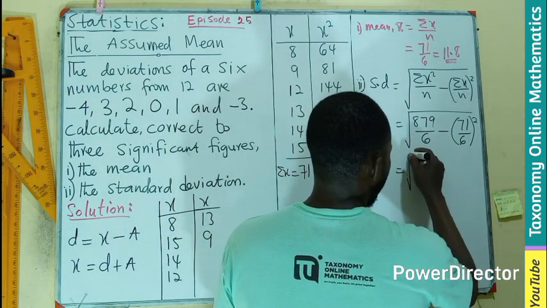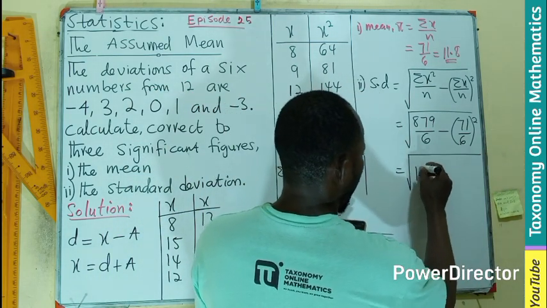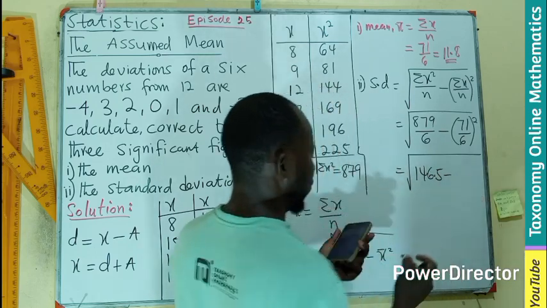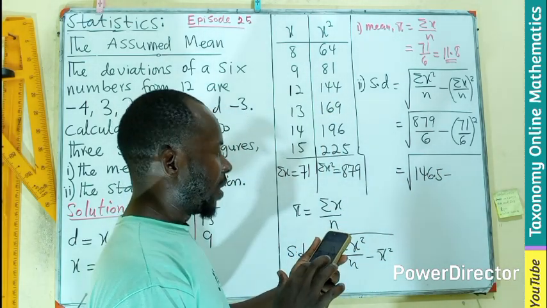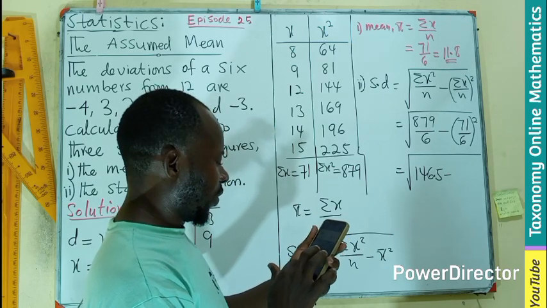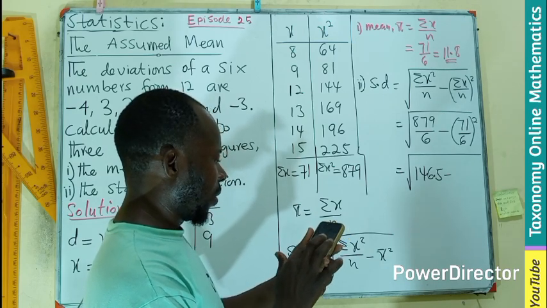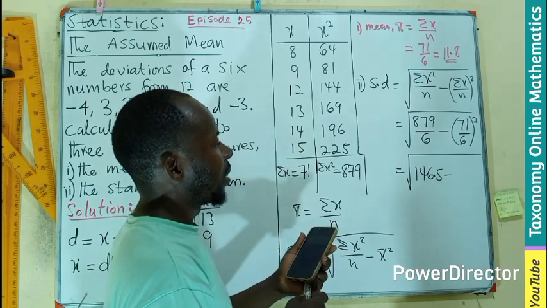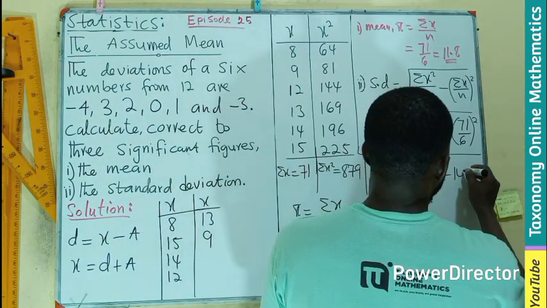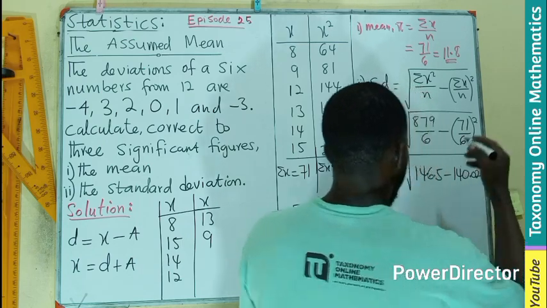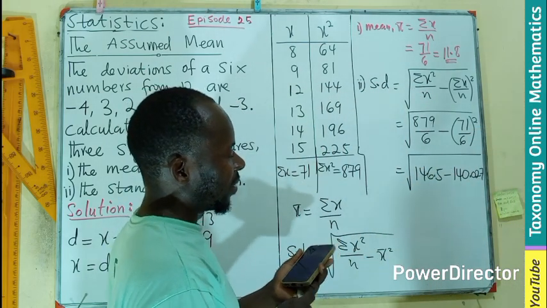So I'll be having the root of 146.5 minus, if I have 71 divided by 6 all squared, that will give me 140.02778.